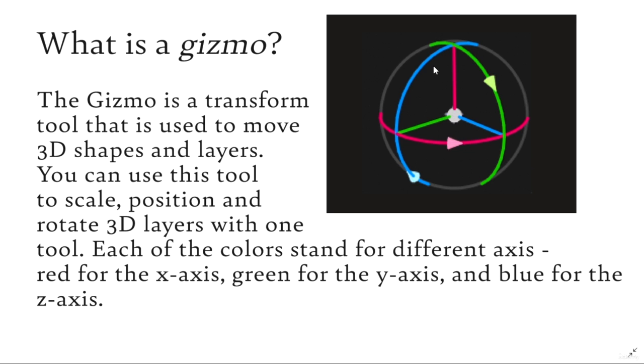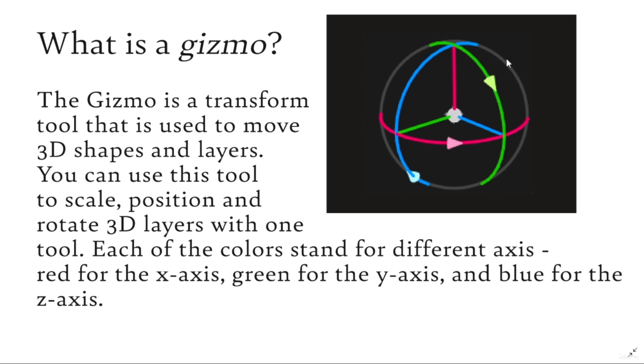So it's the same logic here. We're using these 3 axes and this transform tool to move our shapes and layers within After Effects. So we will be using these 3 to move your 3D layer around.